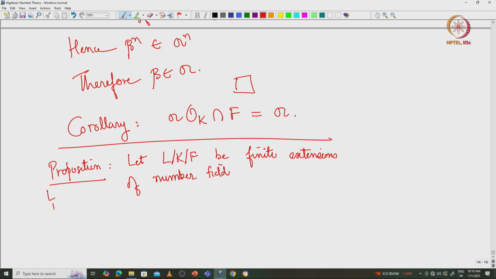In terms of this tower of number fields, K is a finite extension of F and L is a finite extension of K, but we also assume that L over F is a Galois extension. Then we can do the following.